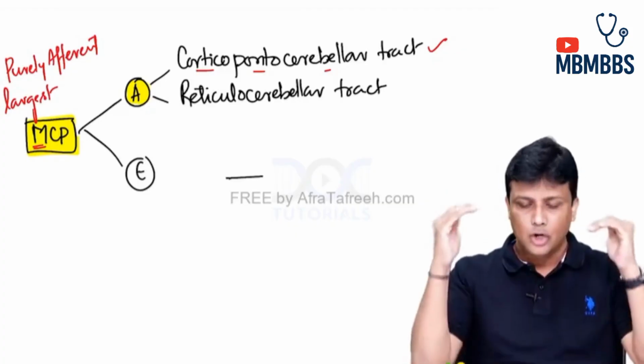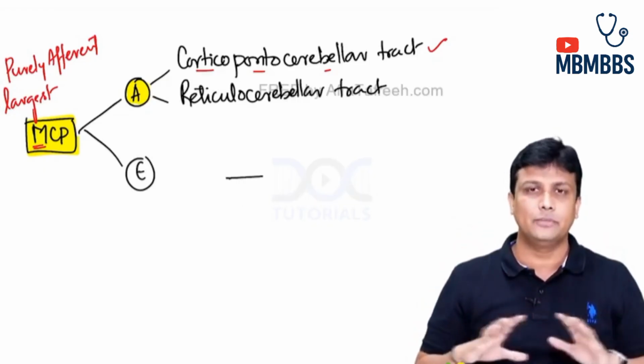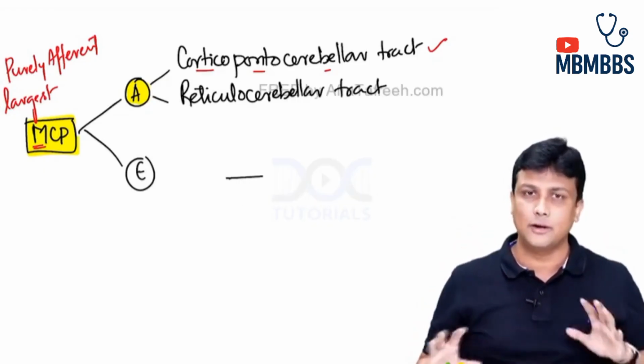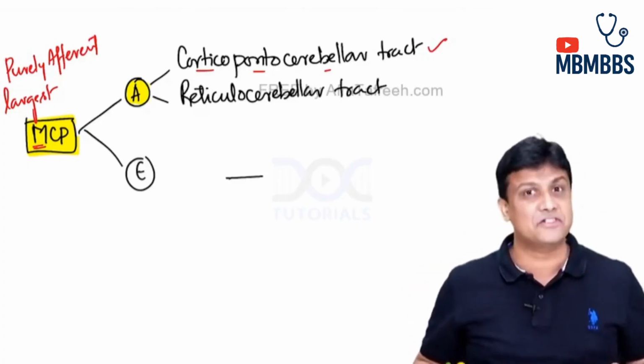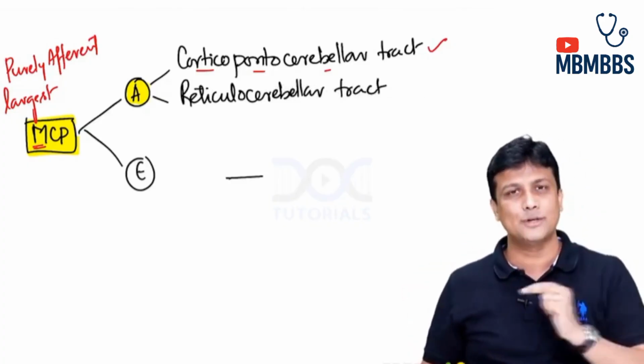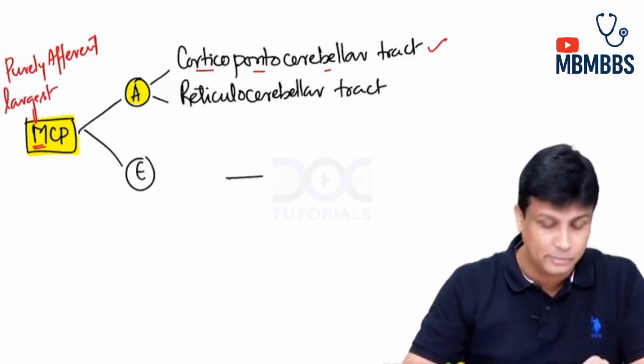That is the reason why the corticospinal tract goes down to the spinal cord, from there to the limbs and trunk, controlling the movements, but a copy of that is given to the cerebellum also, and that is done by the cortico-pontocerebellar tract. That is why it is important to remember.